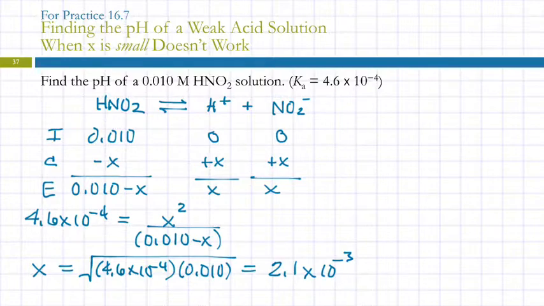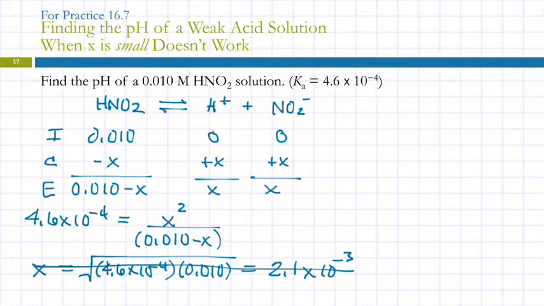But if you have a box of six oranges and you take one orange out, does it matter? Yeah, it matters, because what you're removing relative to the overall thing becomes significant now. 21% is significant. Less than 5% isn't. So we can't do X is small. Scratch this. Can't do that.